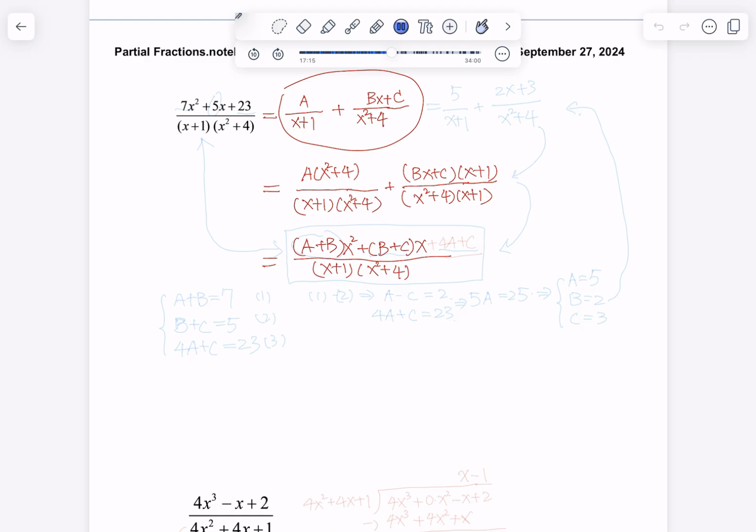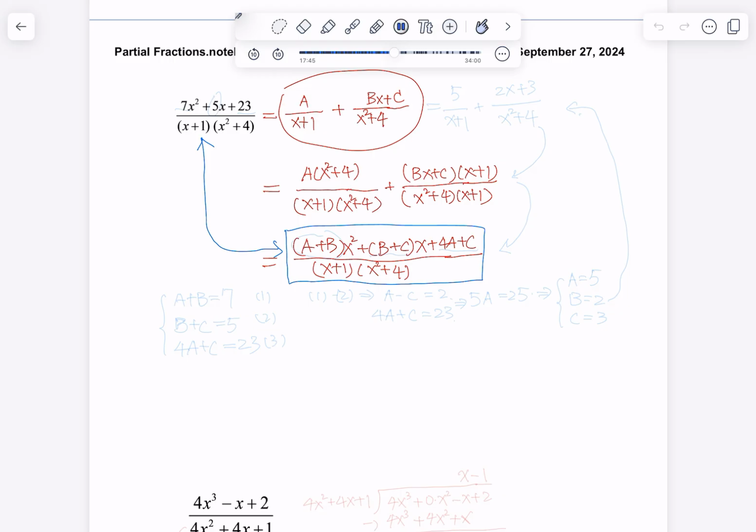Finally, you have the constant term. That will be 4a plus c. So after you check everything is correct, the expectation is that when you add up the decomposition, the result would be exactly the same as the original rational function.